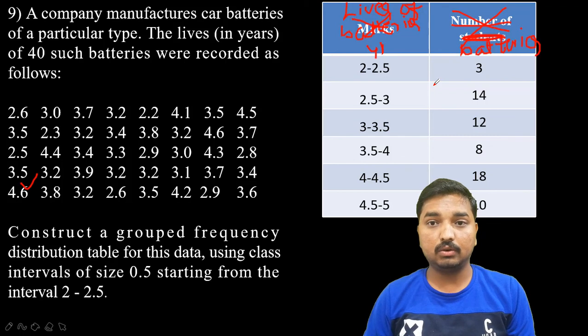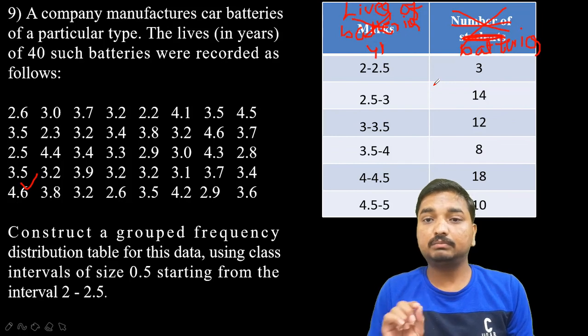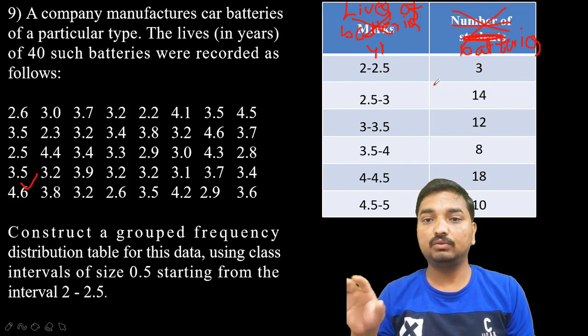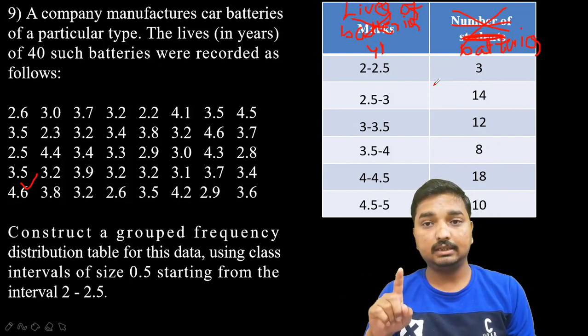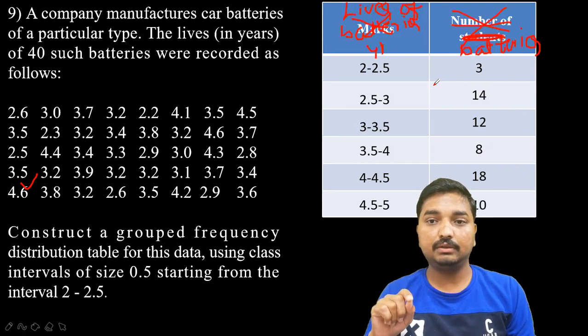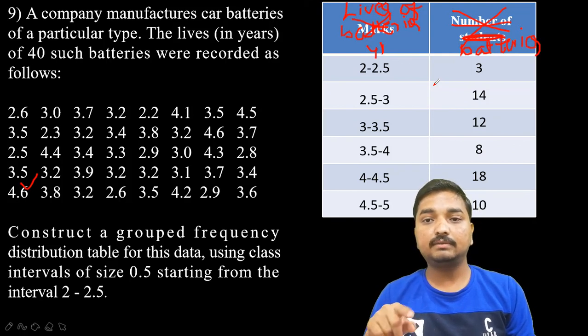You can look at your NCERT textbook, where the expansion of pi is given as 3.142 and so on. In that question, while writing the table, in the first column you don't write class intervals. Instead you write 0, 1, 2, 3, 4, 5 and so on up to 9, the digits, and identify how many times 0 appears, how many times 1 appears, 2, 3, 4, 5 like that.